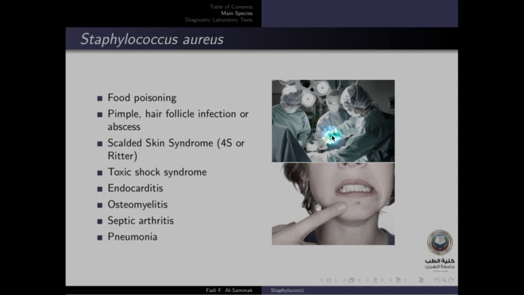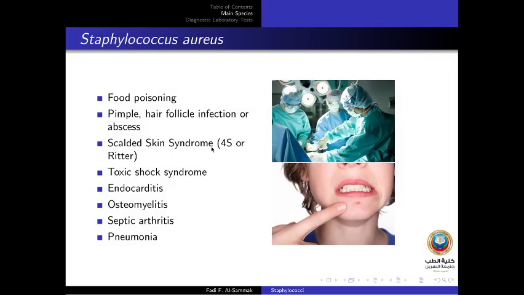And also a major health problem associated with Staphylococcus aureus is antibiotic resistance. And we have MRSA, methicillin-resistant Staph aureus, and we have also VRSA, vancomycin-resistant Staph aureus.